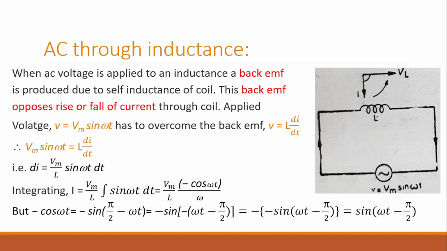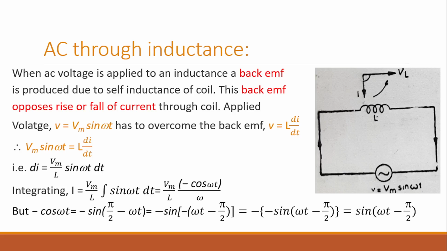Now what about current I? It is equal to Vm upon omega L into sin(omega t minus pi by 2). Vm upon omega L can be written as Vm upon XL.